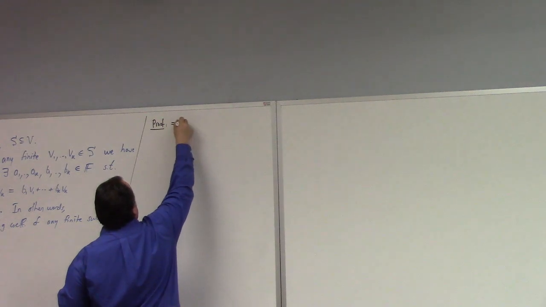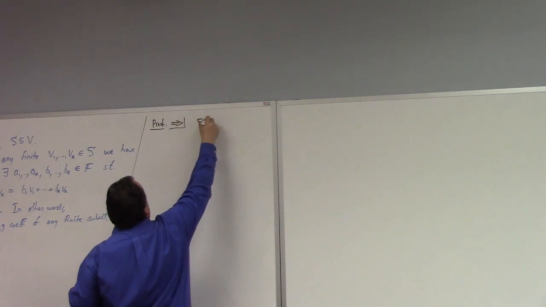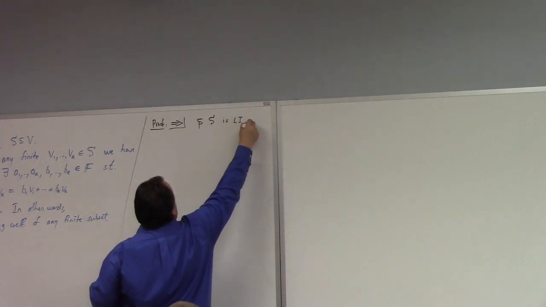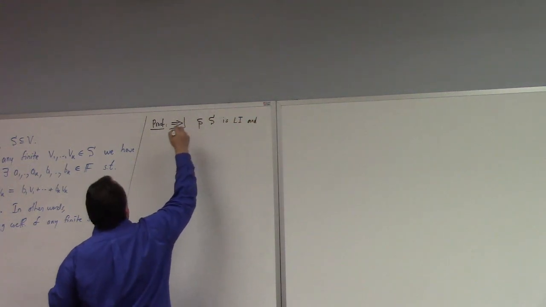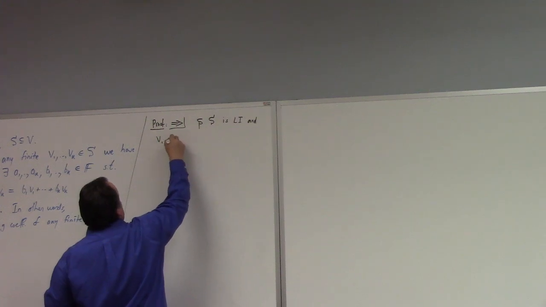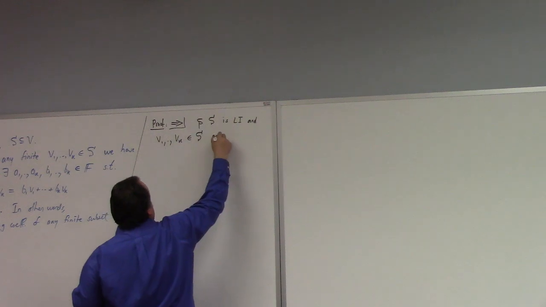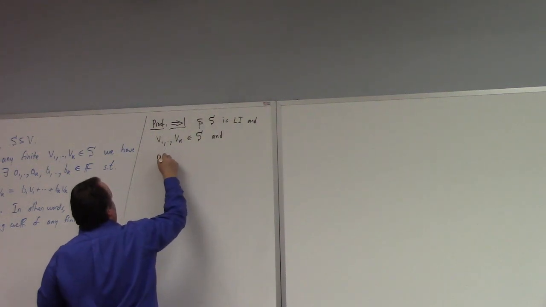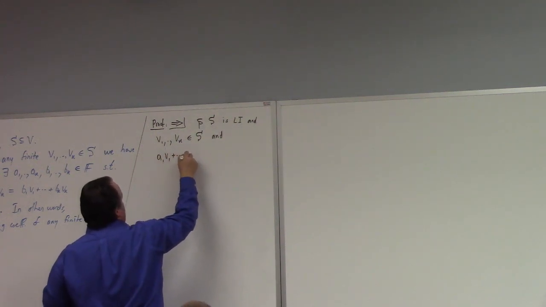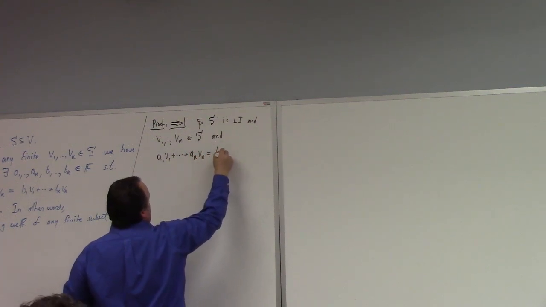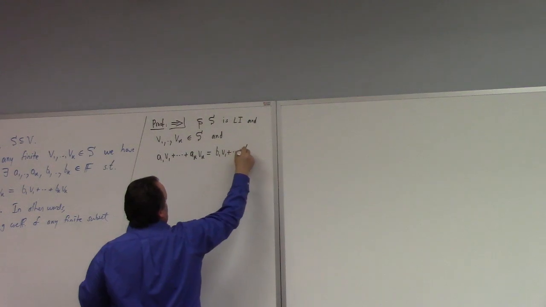Suppose S is linearly independent and V1 through VK are in S, and A1 V1 plus ... plus AK VK is equal to B1 V1 plus ... plus BK VK.